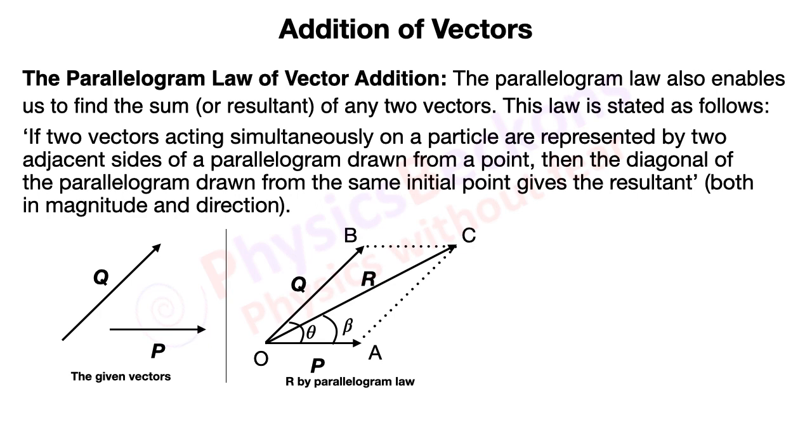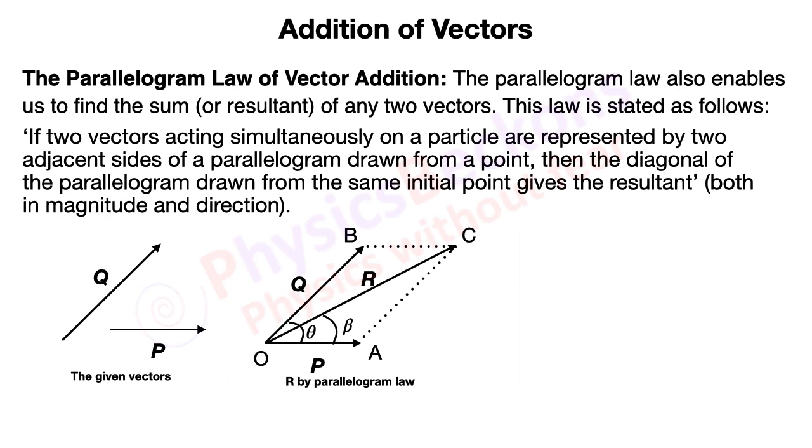Once the parallelogram is completed, the diagonal OC gives you the resultant. R is equal to P plus Q. This resultant is in magnitude as well as direction. You can geometrically measure beta and get the direction of the resultant.